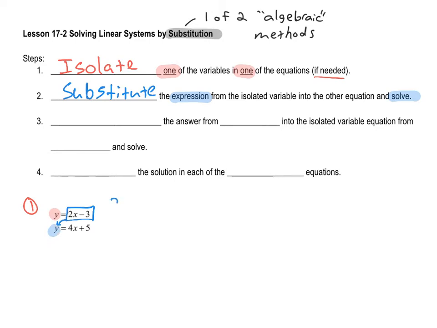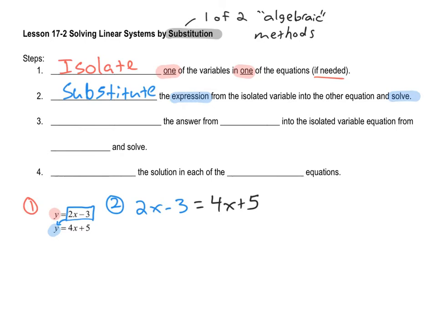So that would look like this. That y gets replaced, so now it becomes 2x minus 3 equals 4x plus 5. That's our substitution there. You could do the other way. You could take the 4x plus 5 and substitute in for the other y. It's the same equation, just the other way. All right, there's our substitution, and now we're going to solve for x.